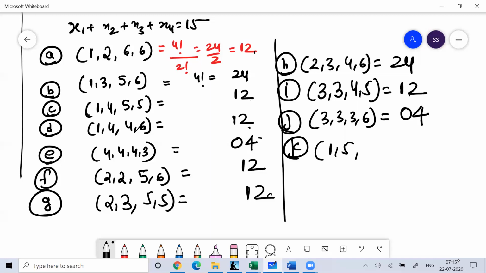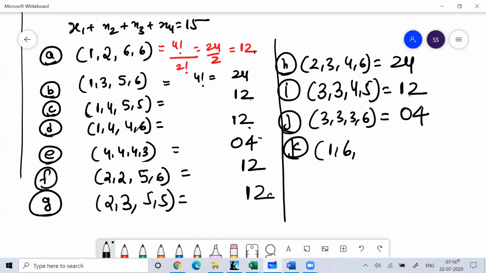So for 1 5, 4 ways are there for 9, and both you used. So that is not possible. 1 5 not possible.